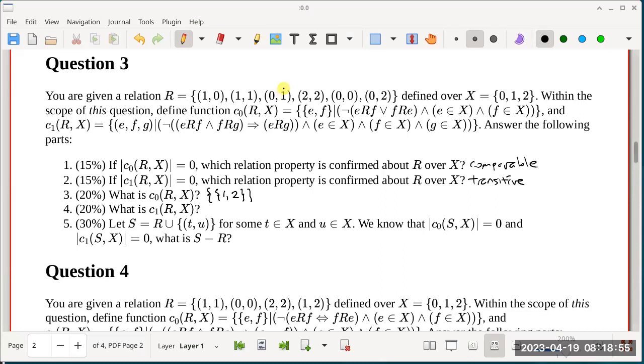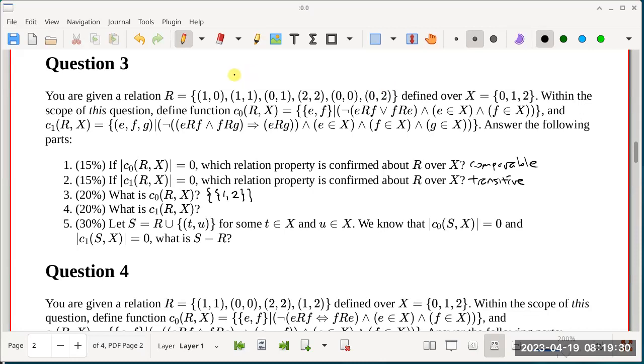Let me go back to 2. 1 does not relate to 2 at all. 0, 2 is here, and 2 does not relate to 1. So we are looking for evidence that R is not transitive.